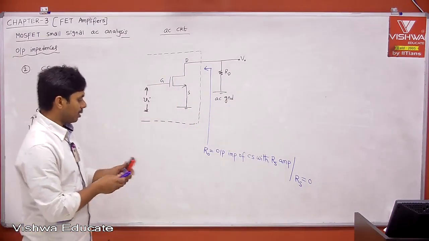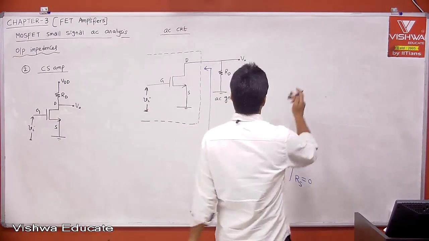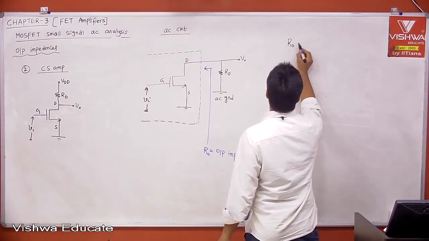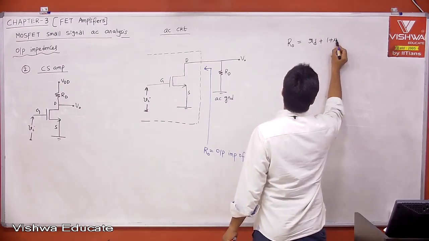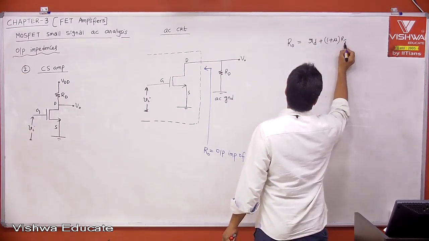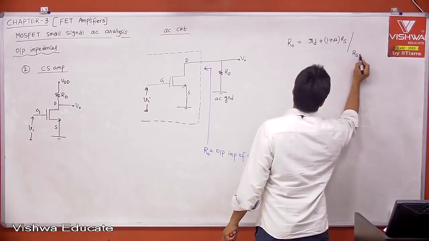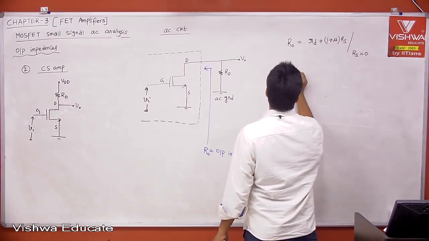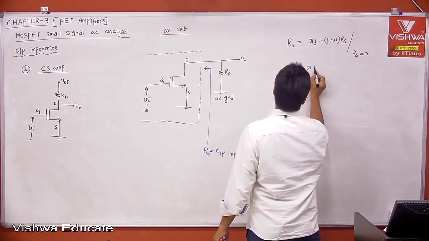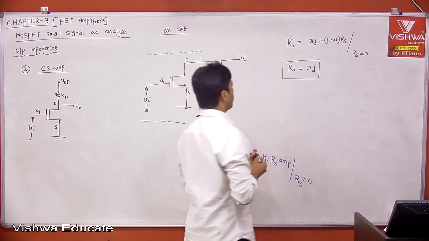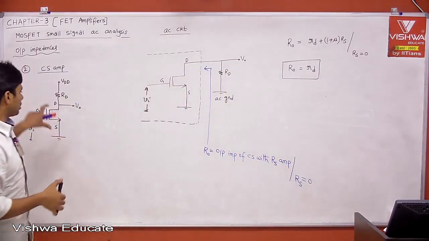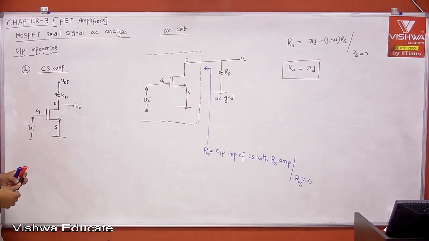R0 is equal to small rd plus (1 plus mu) into RS. When RS is 0, R0 is simply small rd. Therefore the output impedance is nothing but small rd.